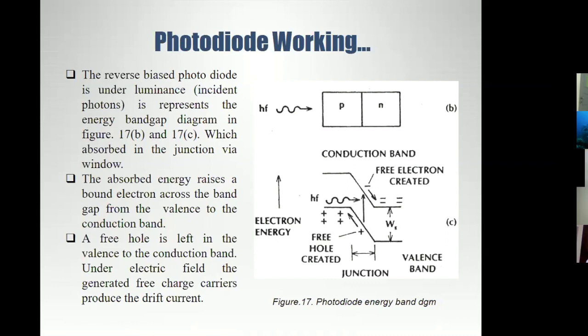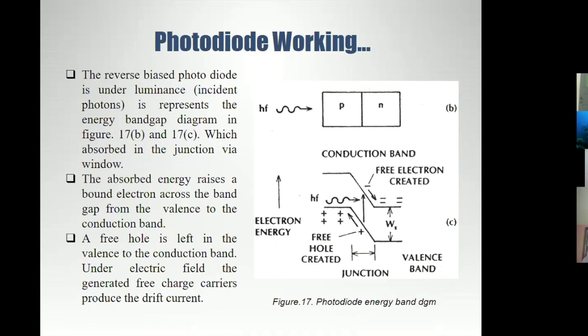Is it that the higher the concentration of carriers created, the easier it is for the carriers to drift? No. It will be like a normal PN junction diode.